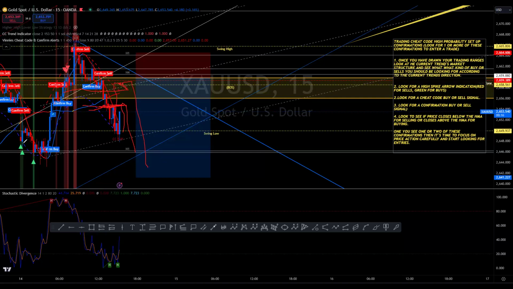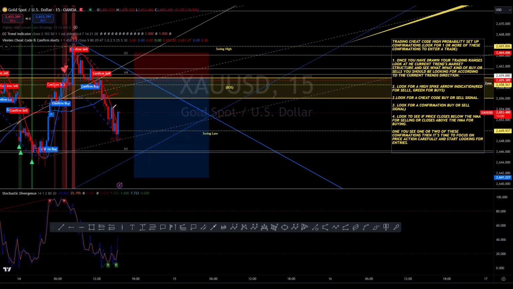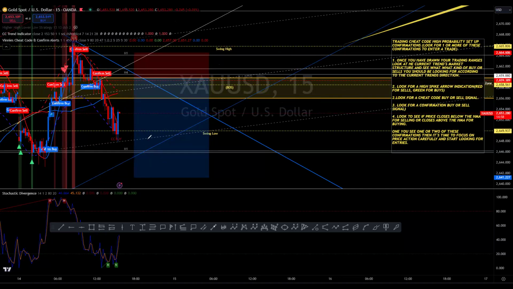We have a cheat code buy. Price was below the HMA, so it lets us know the price was overall bearish. But price is starting to push above the HMA. If it closes above the HMA, breaks its previous structure and starts to go up, that lets us know that price might be changing direction, maybe. We got a confirmation buy here.